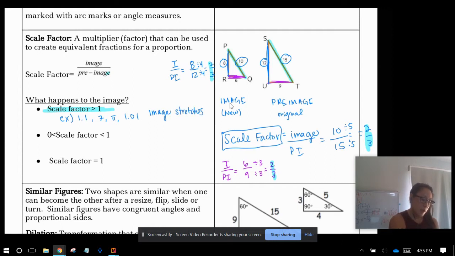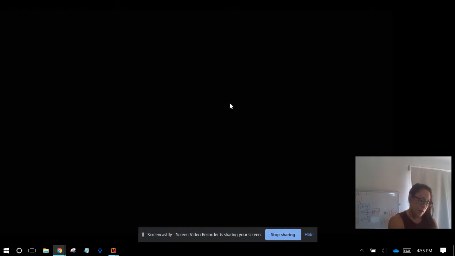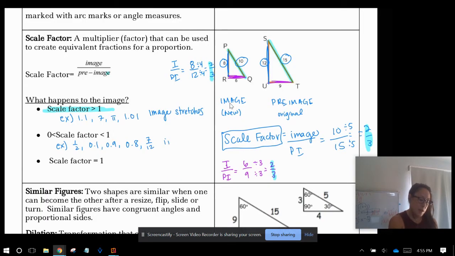If your scale factor is between 0 and 1, so like 1/2, 0.1, 0.9, 0.8, 7 over 12, then the image shrinks. If your scale factor is exactly 1, the image is the same size as the pre-image.